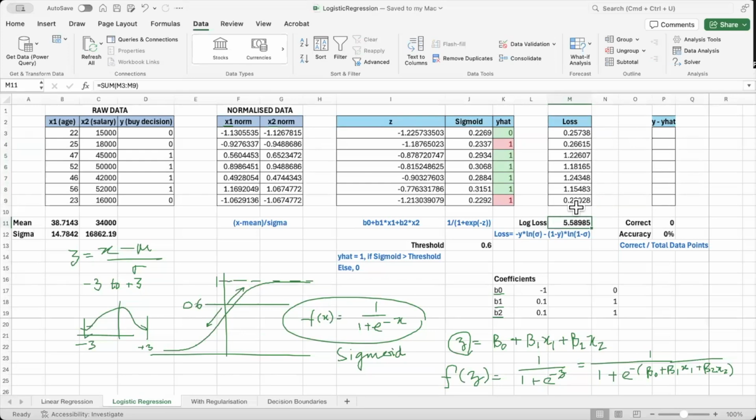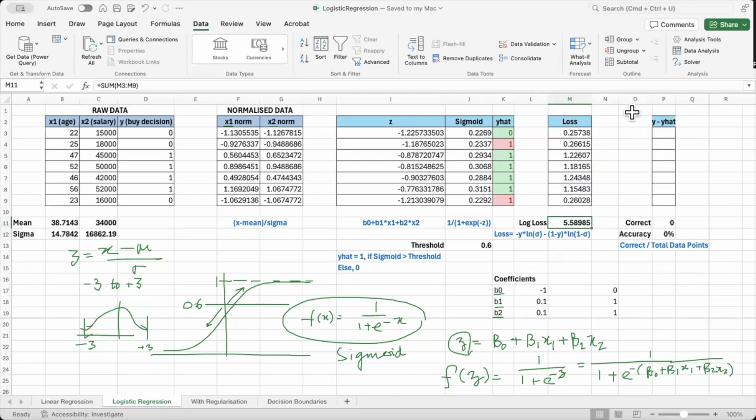And by summing up, this is nothing but the sum of all the losses. So I get the log loss. Now my purpose is that the loss function has to be minimized, right? So I have to minimize this value of log loss. If I can do that, I will get the values of my beta 0, beta 1 and beta 2.